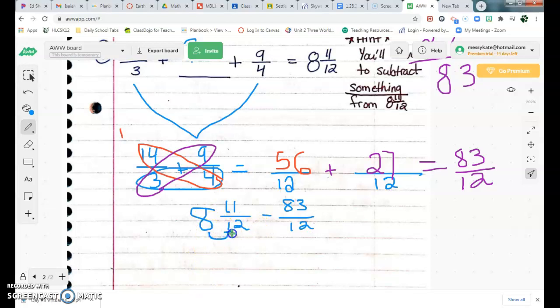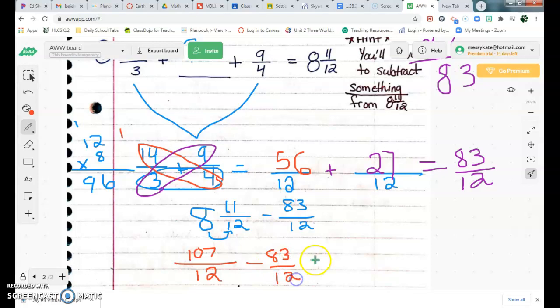So I have 8 times 12. This is a multi-step problem, guys. And if you don't know the multiplication, it's always fine to come over here and try it out. 8 times 2 is 16. Carry the 1. 8, 9. So that's 96. 96 plus 11 is going to give me 107. So now I have 107 over 12 minus 83 over 12.